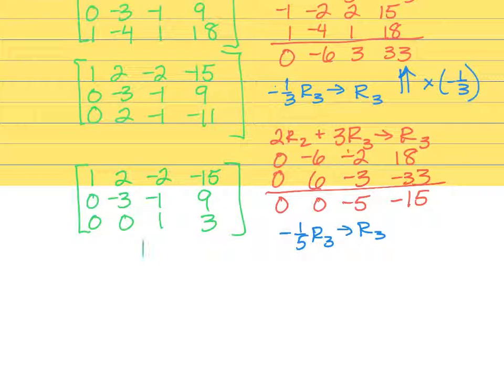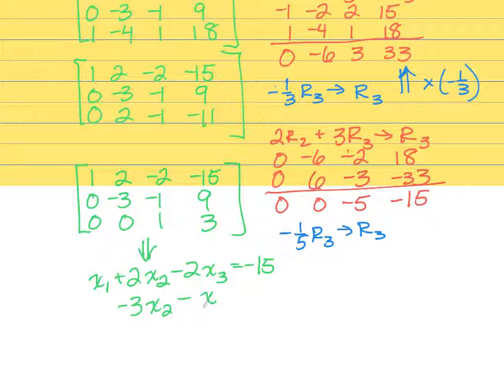And so look, if I convert this to a system, it's now going to look like this: x sub 1 plus 2x sub 2 minus 2x sub 3 equals negative 15. Negative 3x sub 2 minus x sub 3 equals 9. And x sub 3 equals 3.